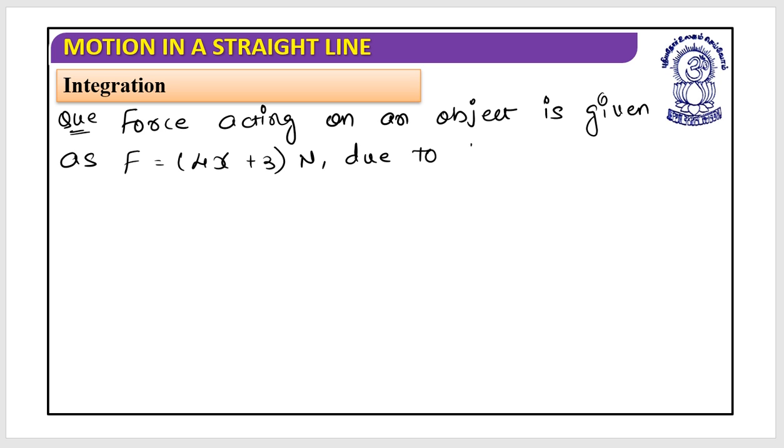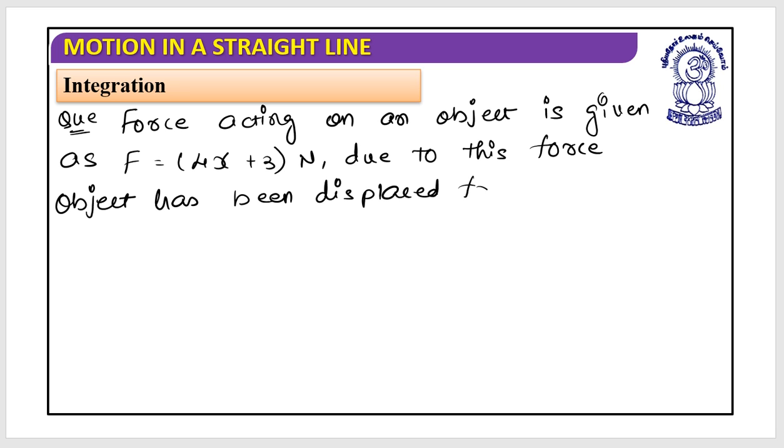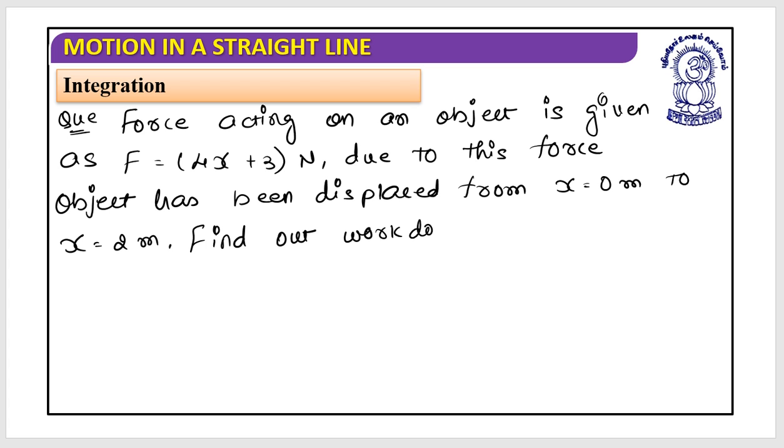Due to this force, the object has been displaced from x equals 0 meter to x equals 2 meter. Find out the work done due to this force.